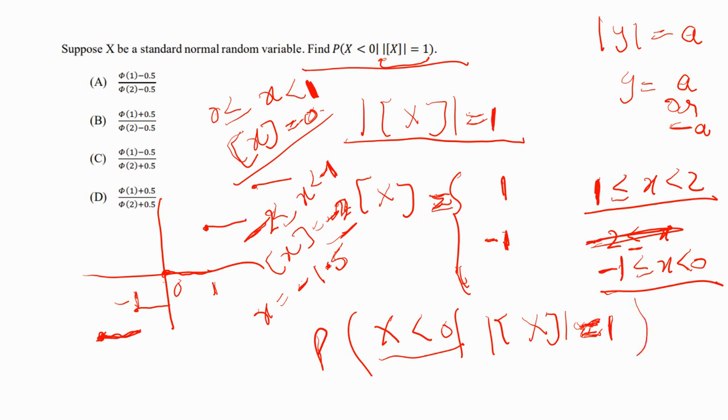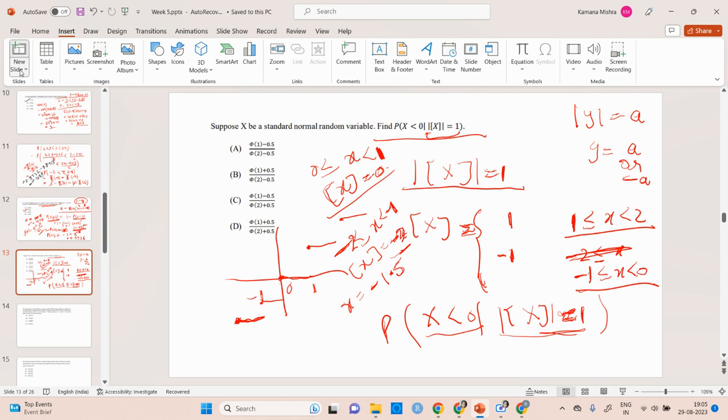But when x is between minus 1 to 0, that's the point when x is less than 0. So just take it as an intersection, which it is. So x less than 0 intersection this. Below we will have probability of this.